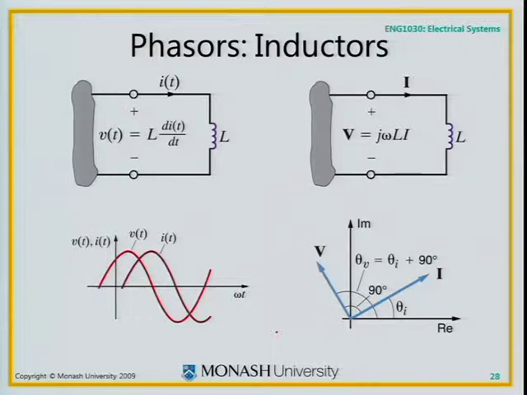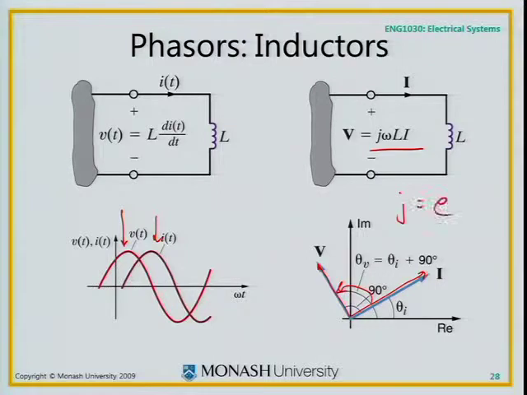So if we plot voltage and current waveforms, you'll see that the voltage in this case is leading the current by 90 degrees. If that's the current, rotate 90 degrees to get the voltage. Why is that? Well, remember V equals j omega L times I. If you multiply by j, what's that equivalent to?